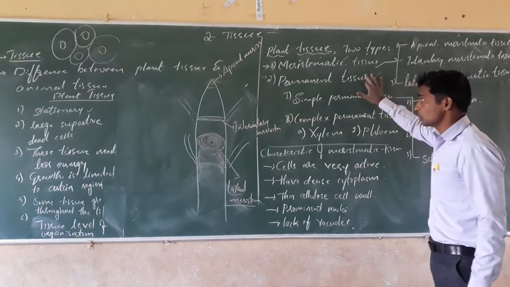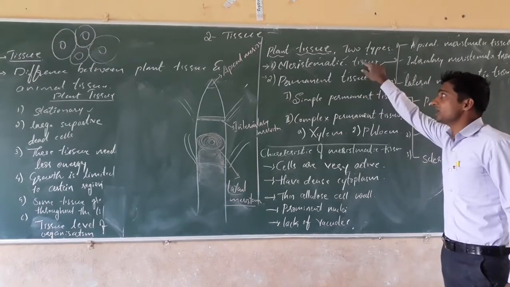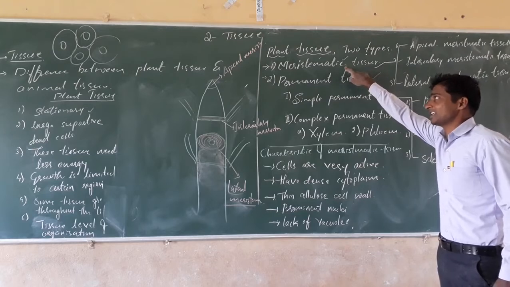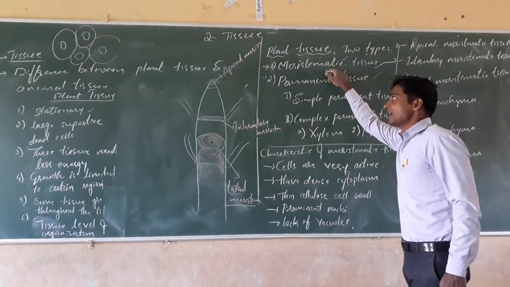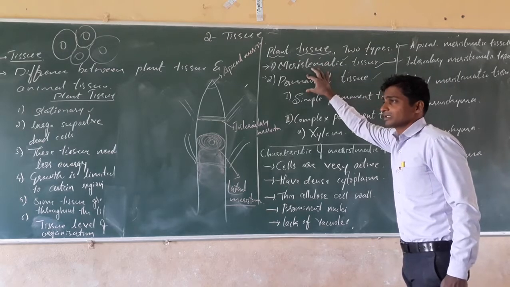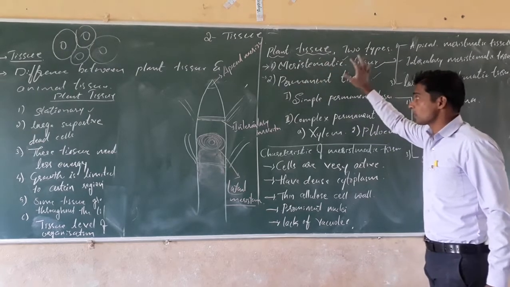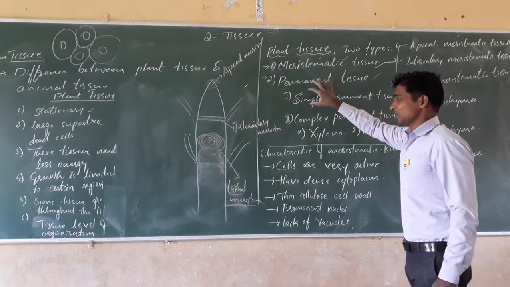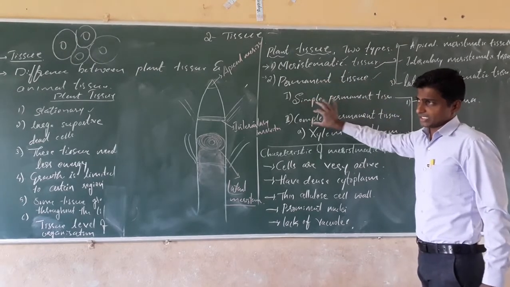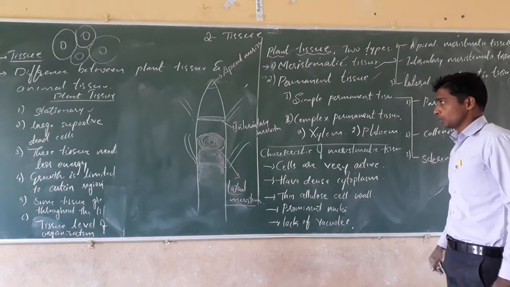Permanent tissue is formed from the meristematic tissue. When the meristematic tissue ages, it turns hard and becomes permanent tissue. The permanent tissue is of two types: simple permanent tissue and complex permanent tissue.